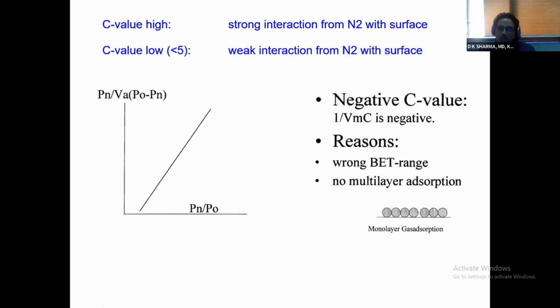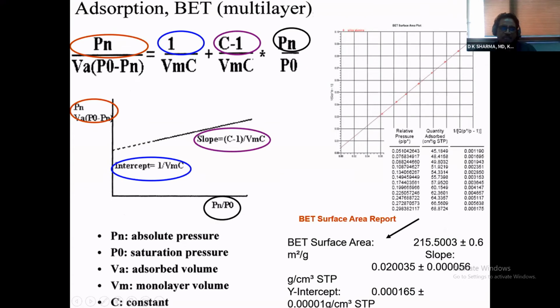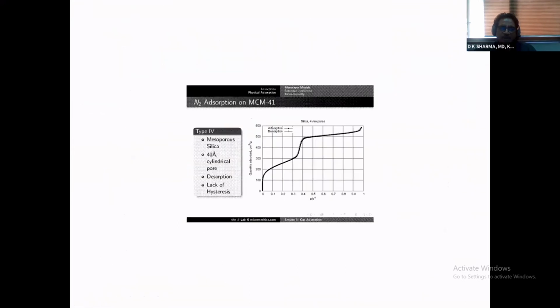The pores are so small that there is absolutely no chance of any multi-layer adsorption. BET applies only in the multi-layer range. Just a minute, let me go back. This is an isotherm. The monolayer is complete somewhere here, and from this to this particular range is the multi-layer range.